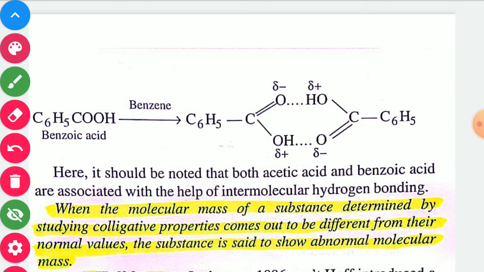Here it should be noted that both ethanoic acid and benzoic acid are associated with the help of intermolecular hydrogen bonding. When the molecular mass of a substance determined by studying colligative properties comes out to be different from its normal value, the substance is said to show abnormal molecular mass, that is abnormal molar mass.